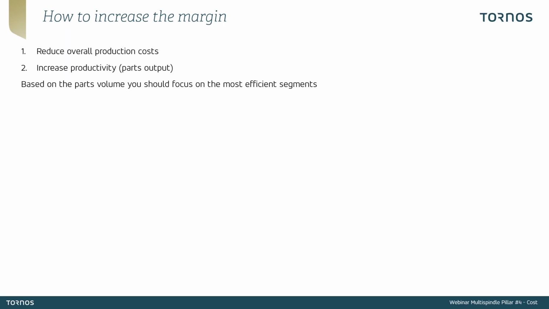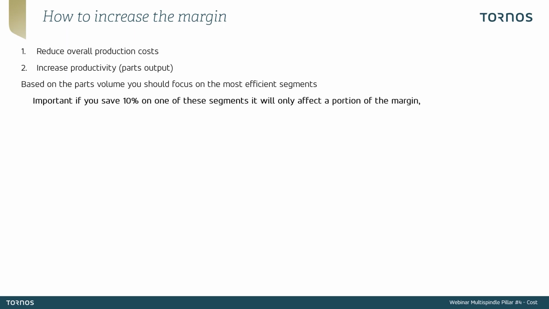What is important to keep in mind is that if you reduce something in the overall cost, you just have an influence on that specific segment. But if you are able to increase your productivity and part output, you will have an impact on all four segments.